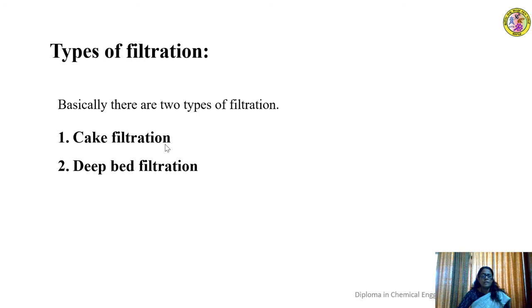In this operation, the filter medium will be in the form of a screen, and the solids will not pass through the filter medium. They get deposited on the filter medium in the form of cake. Hence it is called cake filtration.